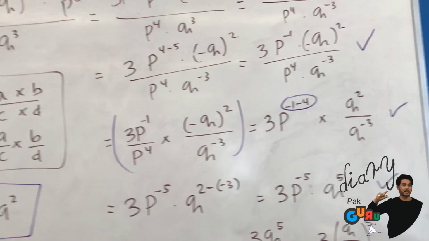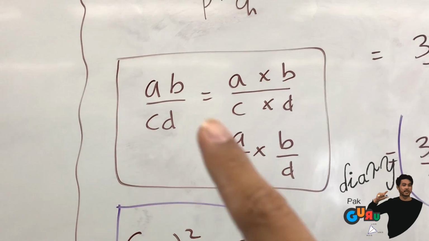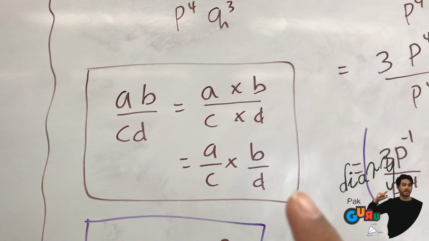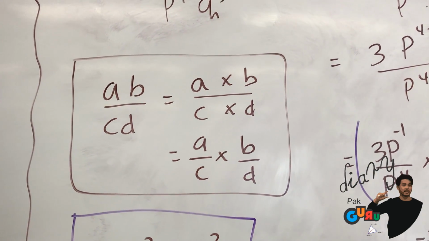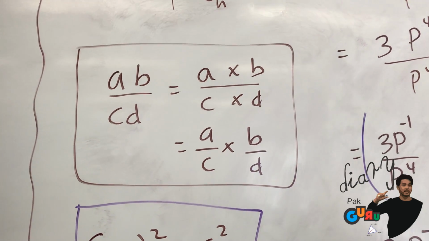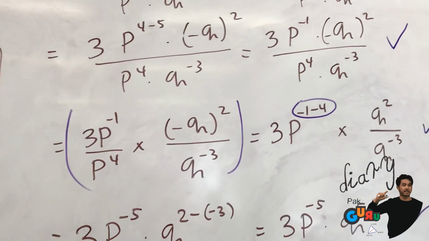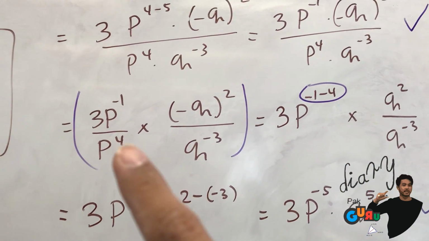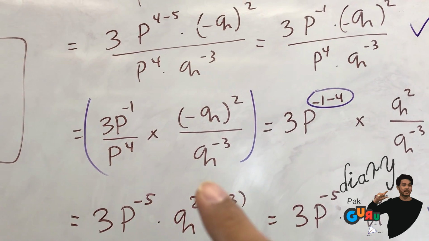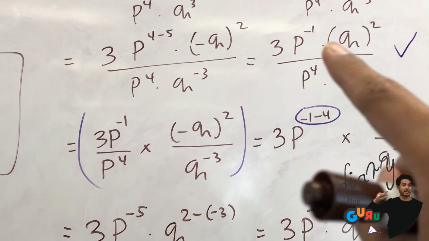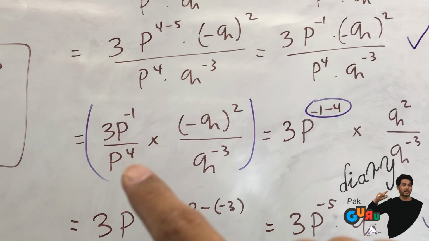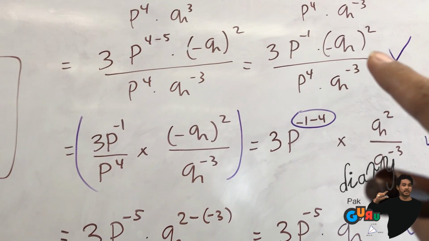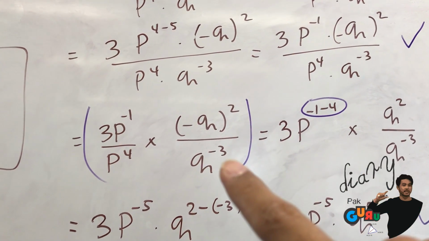And then using this principle, AB over CD equals A times B over C times D, which equals A over C times B over D. That's why I'm trying to combine p with p and q with q. From this part, p to the negative 1 and p to the fourth, I put it here. q squared and then q to the negative 3, I put it here.